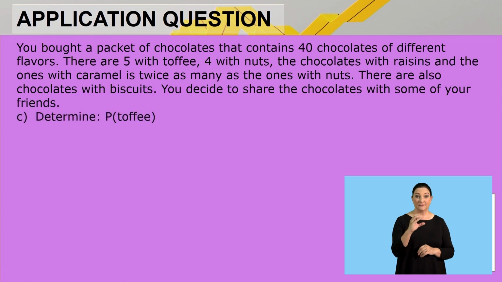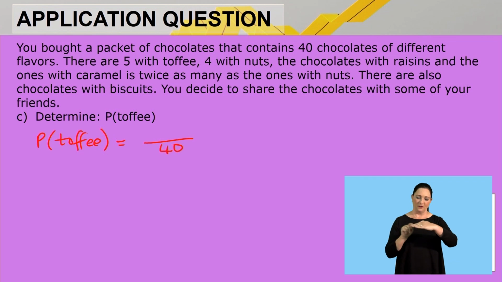All right, so in question number C, still the same scenario, I'm saying determine the probability of one of your friends getting a toffee. So let me start by writing probability of it being a toffee. What is your first mark already? You know what your total number of possible outcomes is? That is 40.